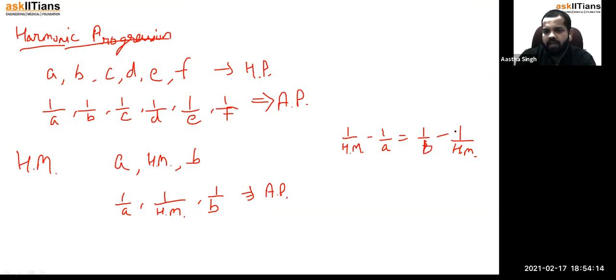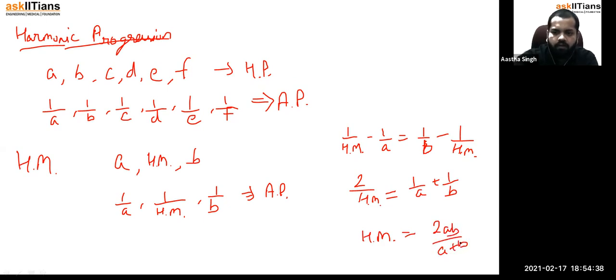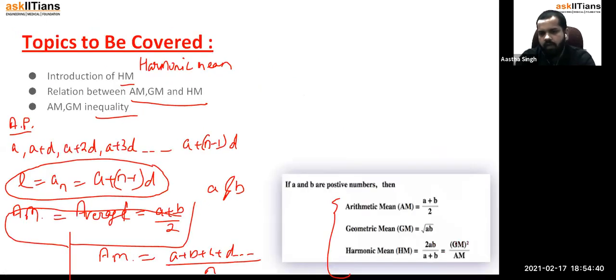So 1 upon HM negative will go to LHS and will become 2 divided by HM is equal to 1 upon A plus 1 upon B. Just calculate this equation. You will get HM is equal to 2 times AB divided by A plus B, right? It is already written there, 2AB by A plus B.